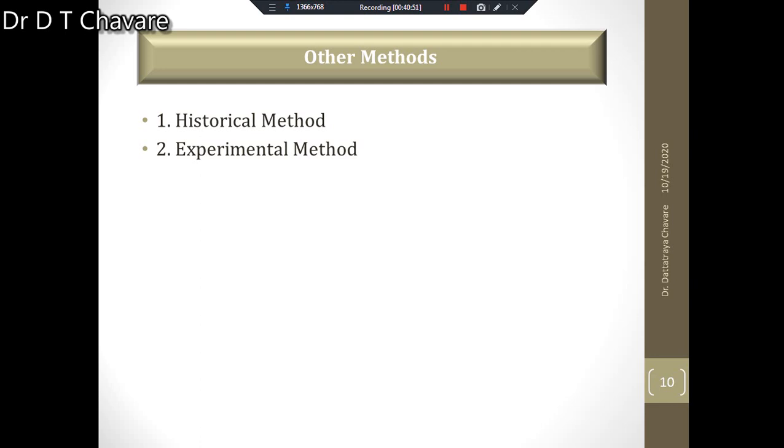It is conducted in fundamental sciences like physics, chemistry, biology, nuclear science, etc., through laboratory experiments. The experimental method means a method in which different experiments are done in a laboratory. That's why it is also called laboratory research.